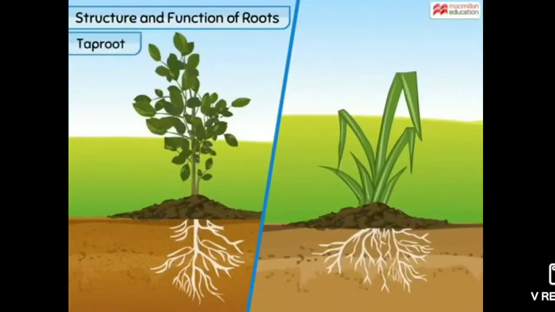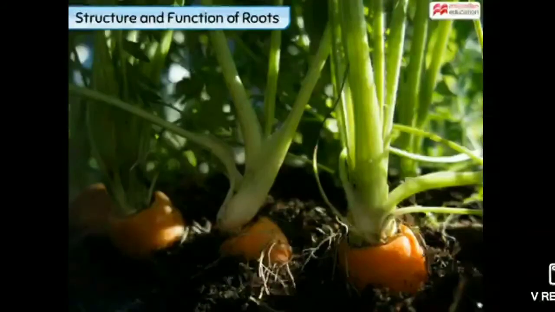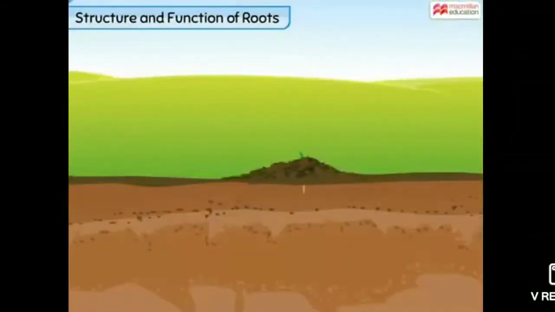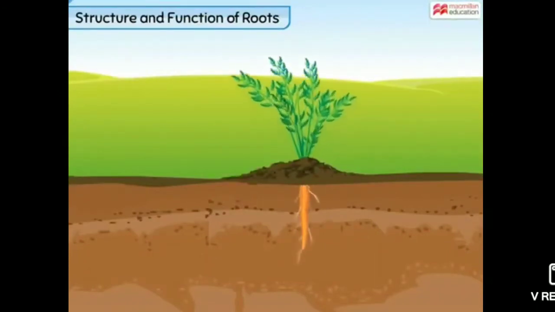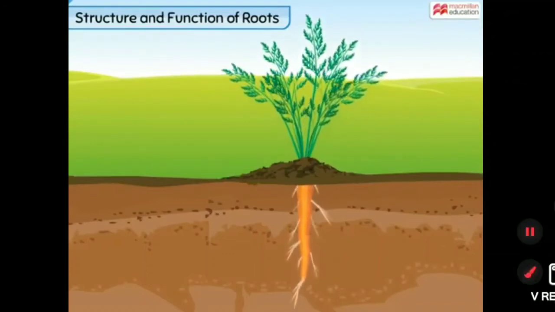Some plants have taproots, while some have fibrous roots. Carrot plant is an example of a taproot. A taproot forms when one main root grows from the base of the stem and many other smaller roots grow from this main root. This main root keeps growing downwards and goes deeper into the soil.